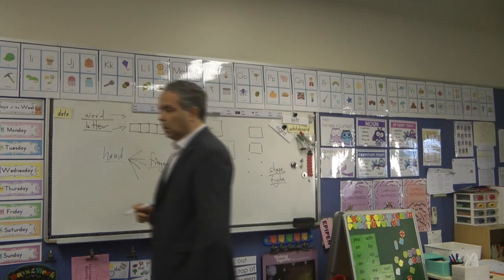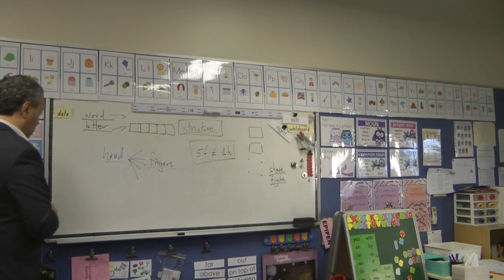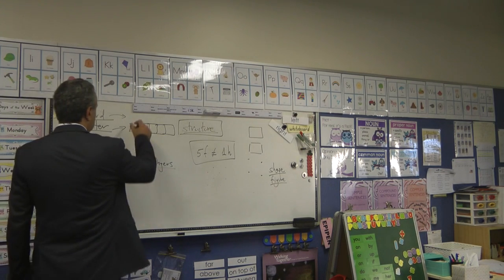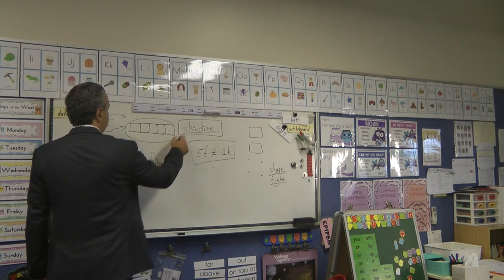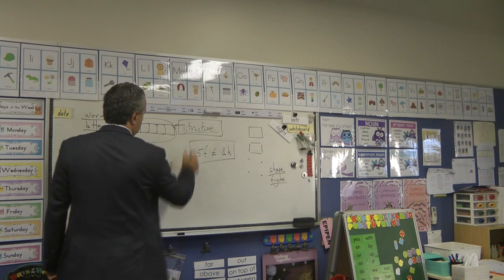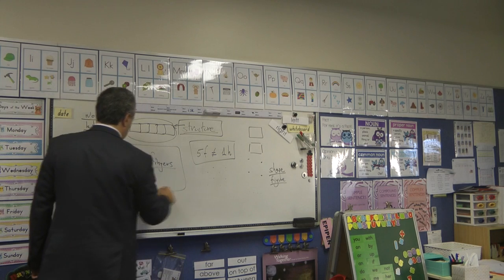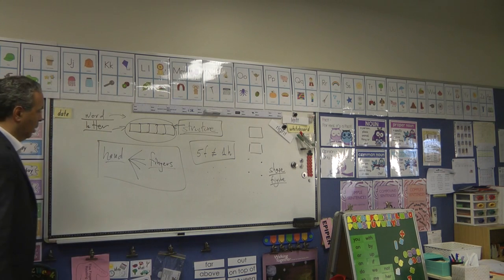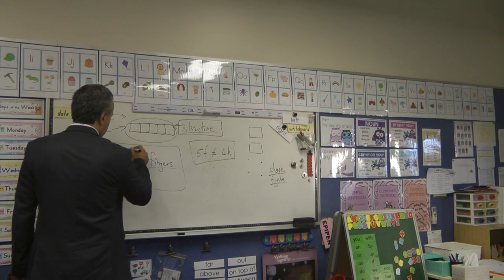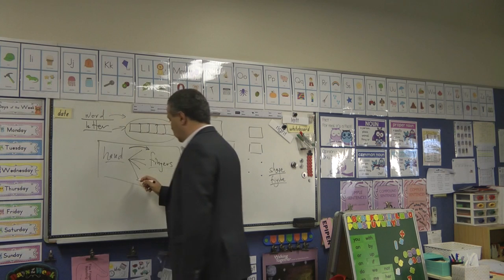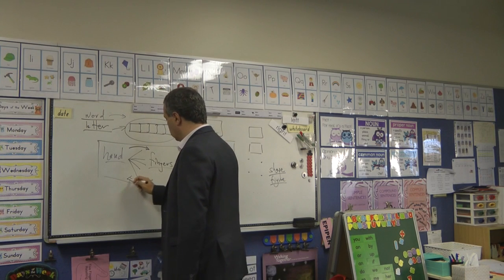Okay, so I just want to show you something. You have a word, you have letters, you can use it in this frame with structure. So we said that one hand can have 5 fingers, but it's not the same here.